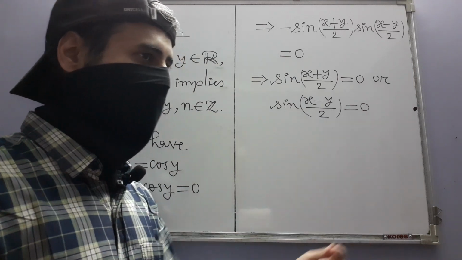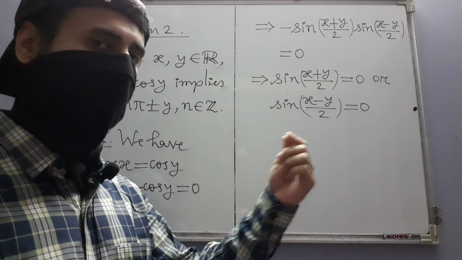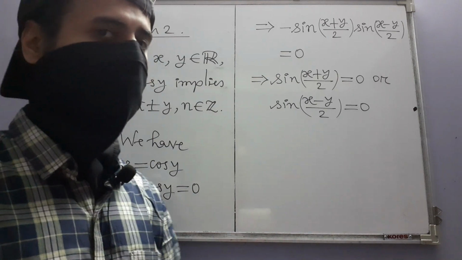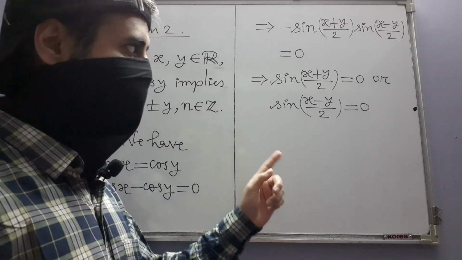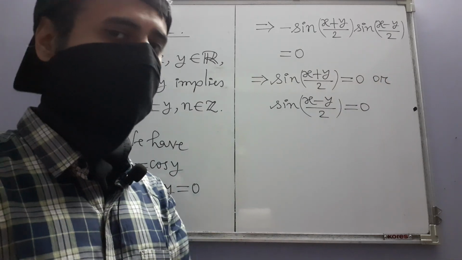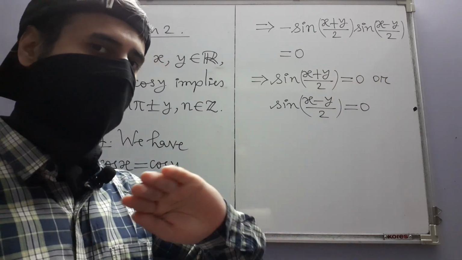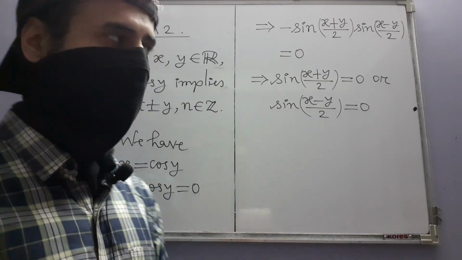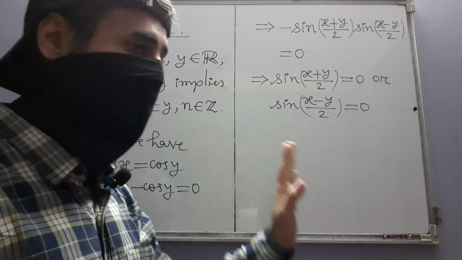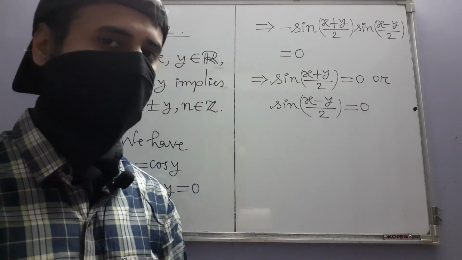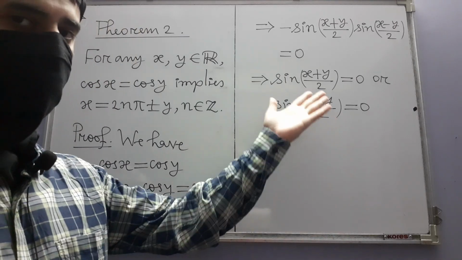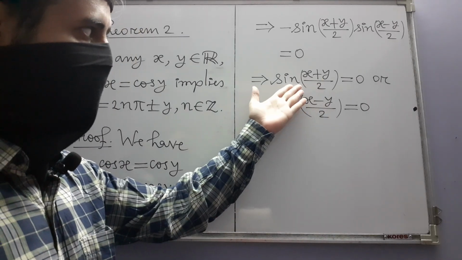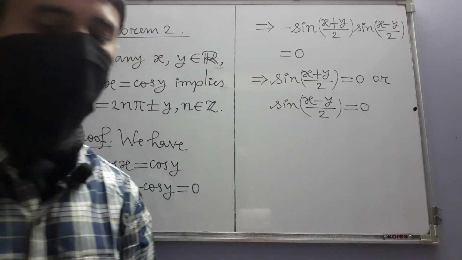Something or something means something or that other thing or both of them. If you want to mean exclusive or, which does not include that and case, you have to mention it separately. This or this, but not both. Something like that you have to write. Here, however, of course, that situation where both of them can be 0 is included.